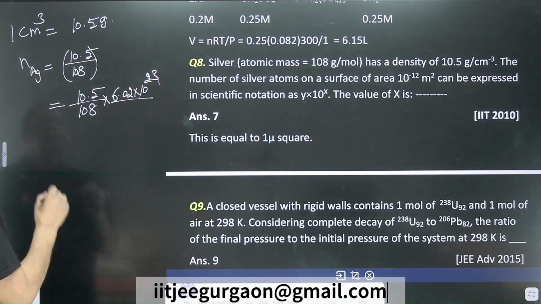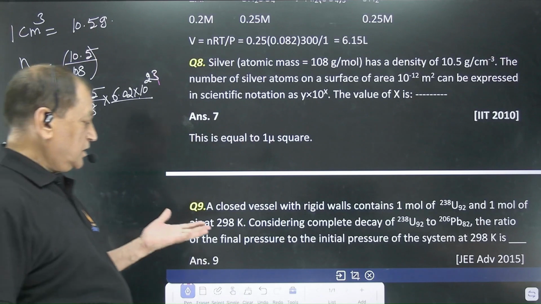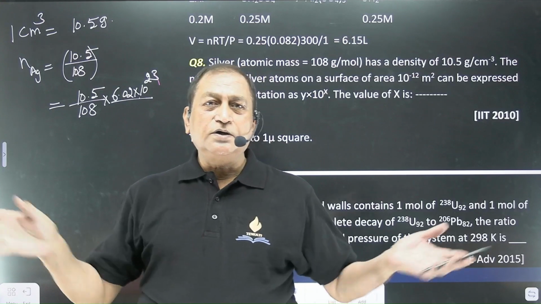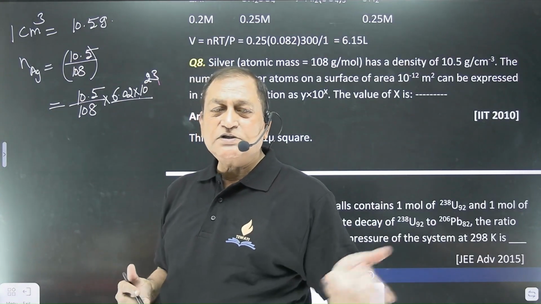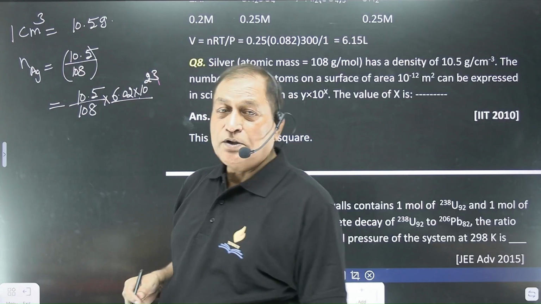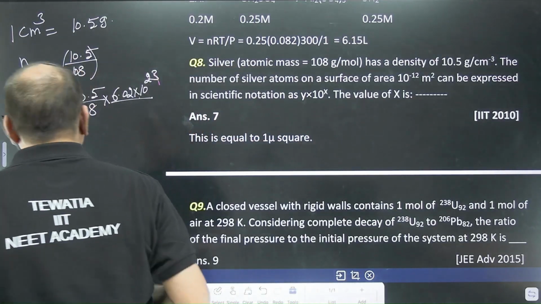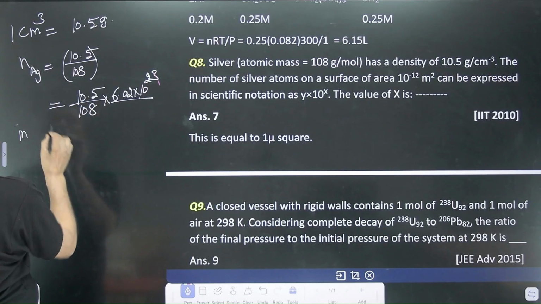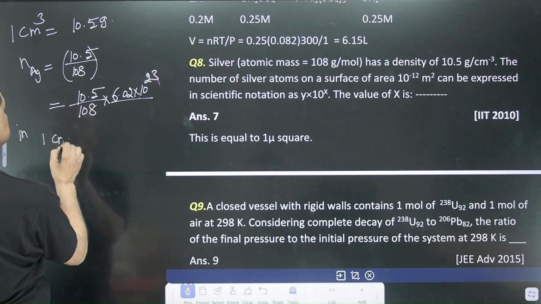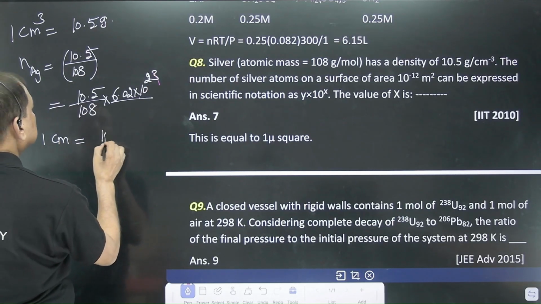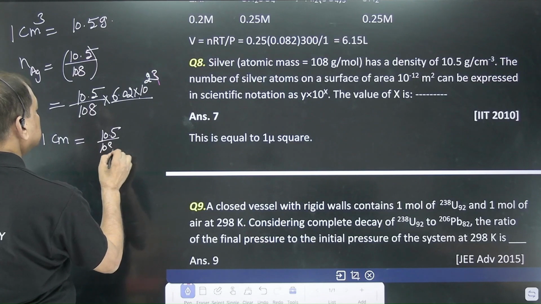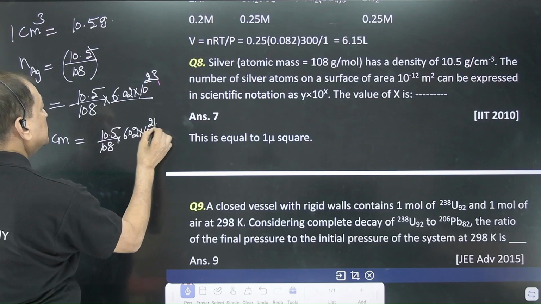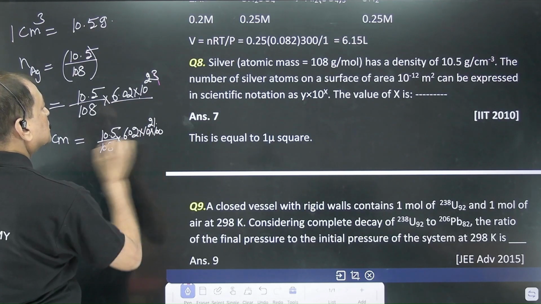So this is 23 roughly, because in the exam we are not supposed to use a calculator and all that. So we have to simplify the calculation, because we simply have to find the order, not the exact number. So in 1 centimeter cube, how many atoms? 10.5 by 108 into 6.02, we can write 10 raised to 21 into 100.